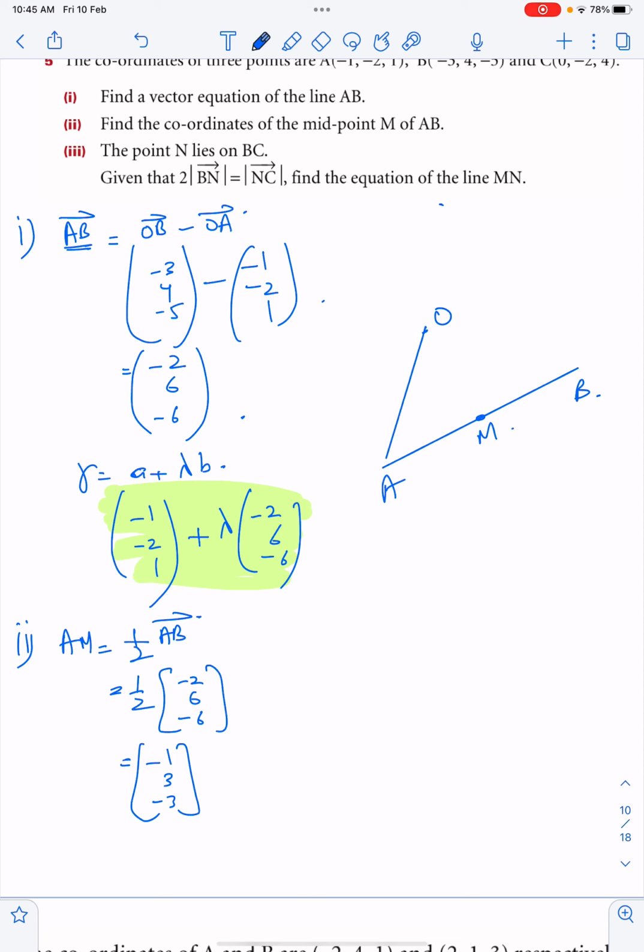Assuming O is the origin, if I want to go from O to M directly, whenever they ask for the coordinates of the midpoint, they're asking for the position vector OM.